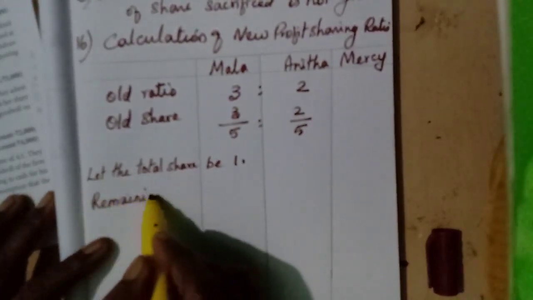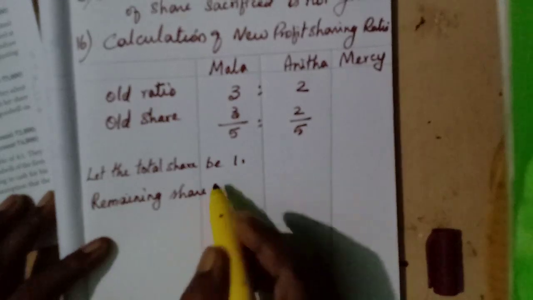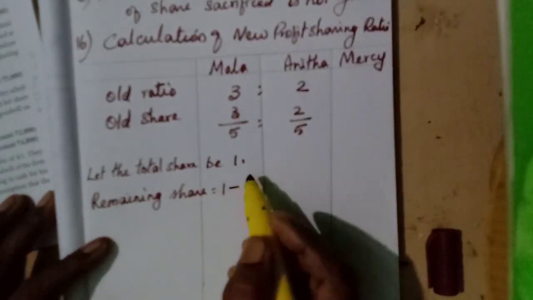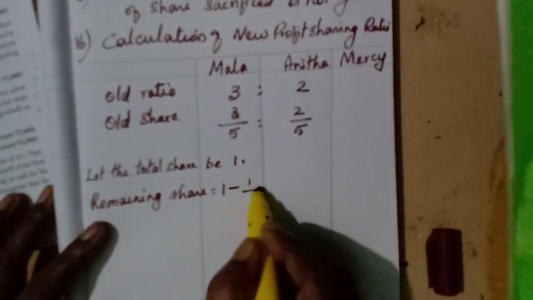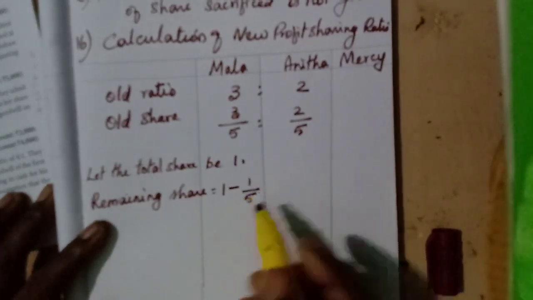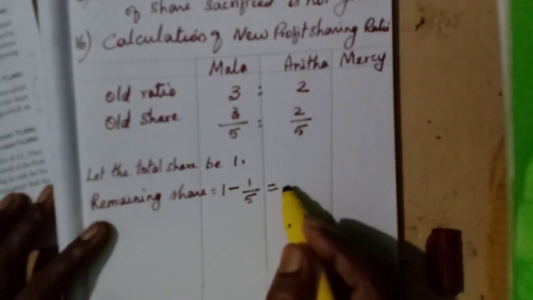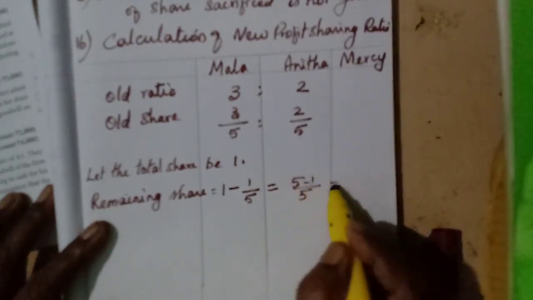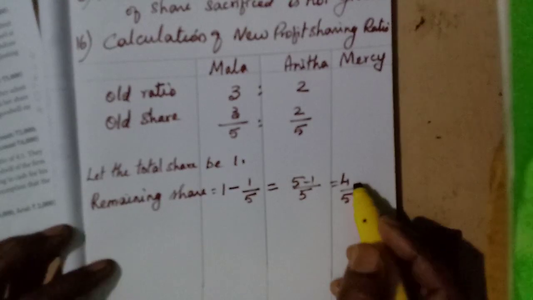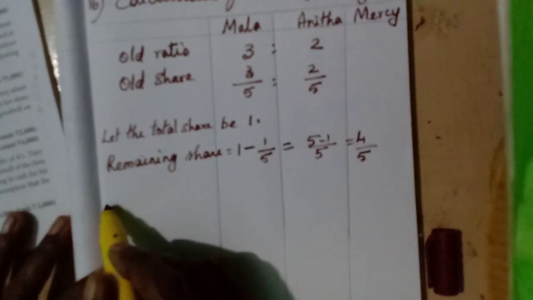Remaining share. We need to calculate the remaining share. One minus the share of the new partner, 1/5. How much do we get? LCM 5. 1 into 5, 5 minus 1, 4/5. Now this is the remaining share, 4/5. Now we need to calculate the new share.